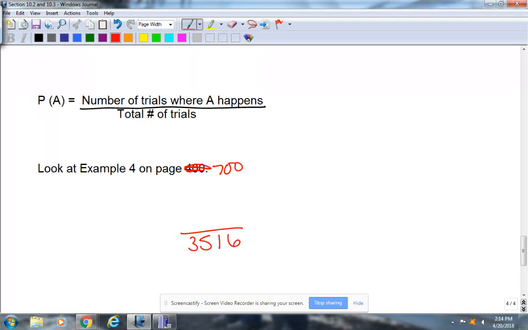Then of those, how many chose to be 40 or older? The last three bars. So they add 551 plus 300 plus 238 and got 1,089. They simplified that to a decimal to get the probability and got 0.310. So 31%. About 31% chose to be 40 or older.